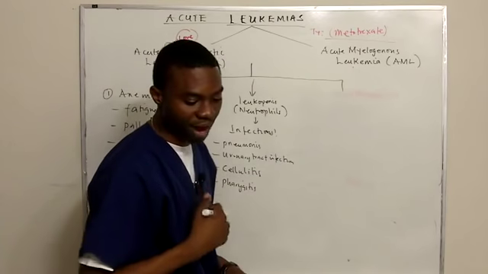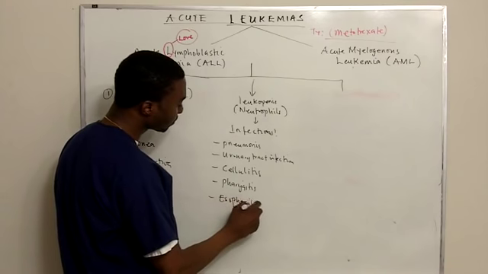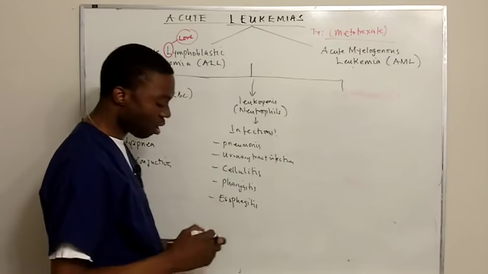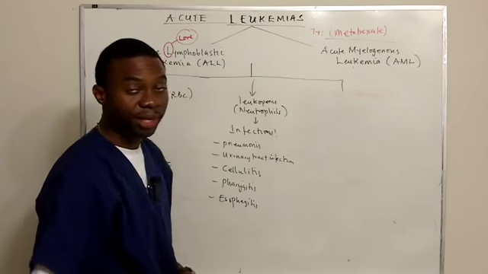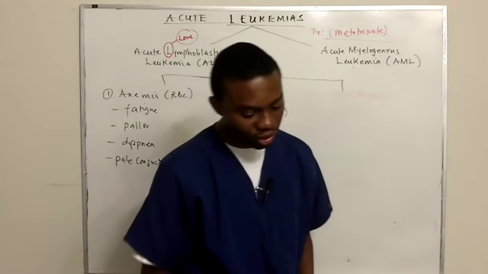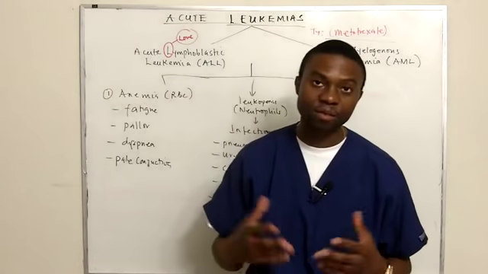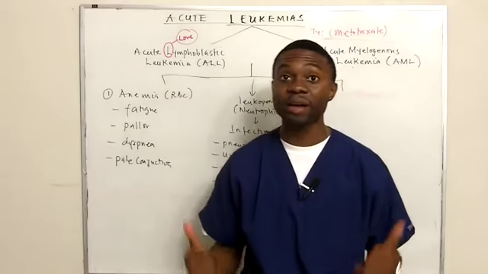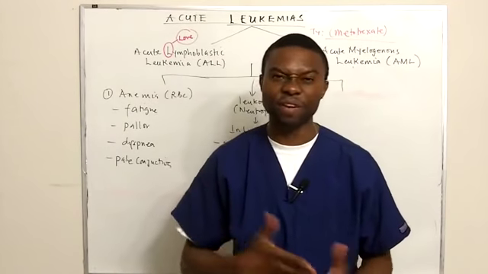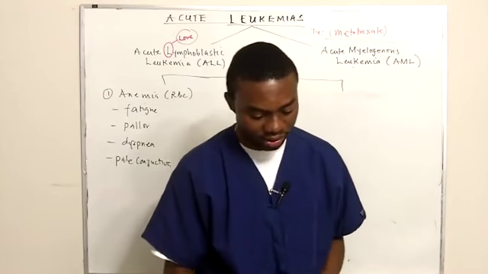Infection of the pharynx, and even esophagitis, which is inflammation of the esophagus, because these patients cannot fight infection properly. Unfortunately, acute leukemia is very associated with a high morbidity and even mortality. This disease is very, very fatal, so you've got to treat it very aggressively because it can be potentially life-threatening.